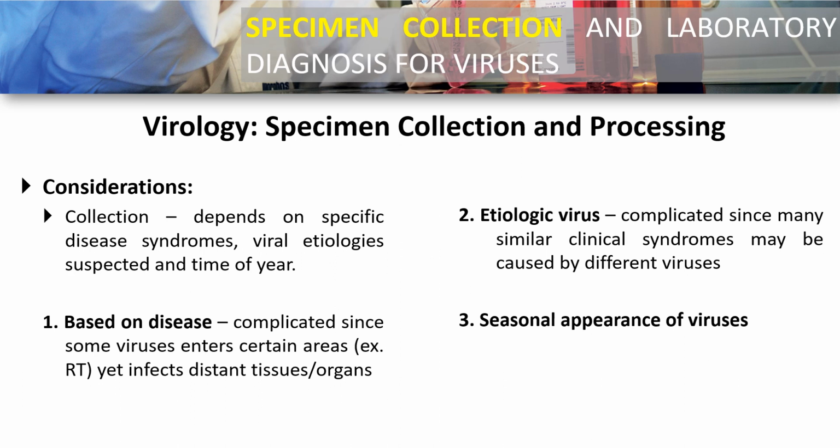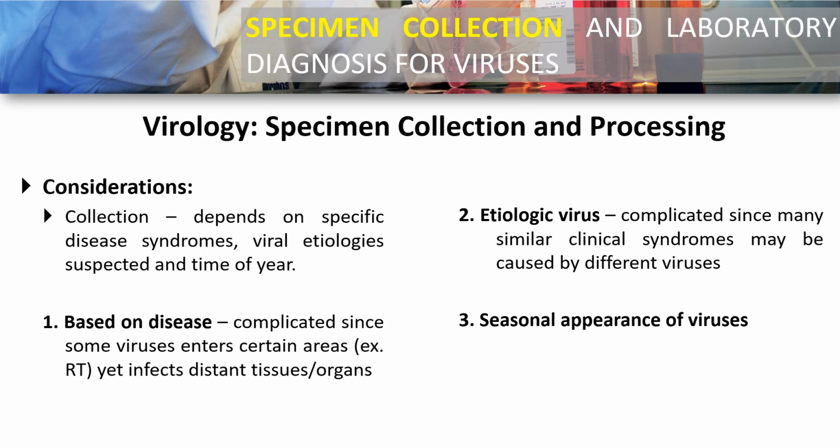And lastly, class, for the collection consideration is the time of the year because there are some viruses that are only seasonal. Example, influenza. So influenza cases are more increased during winter and more decreased during summer.